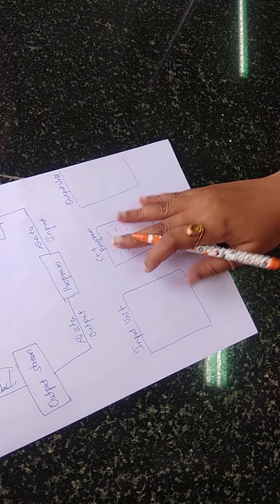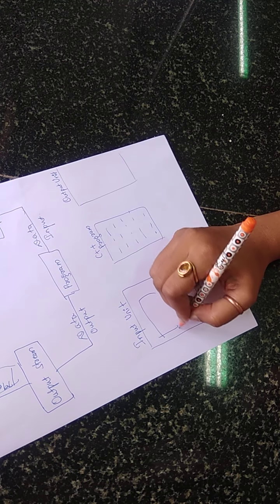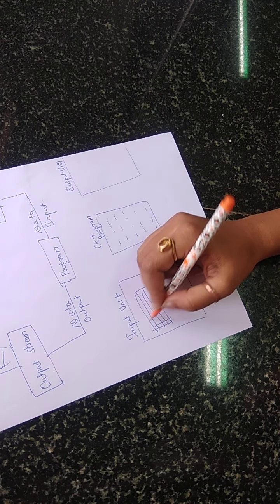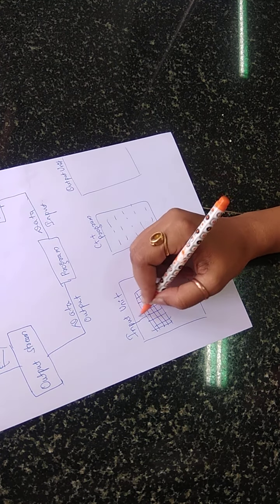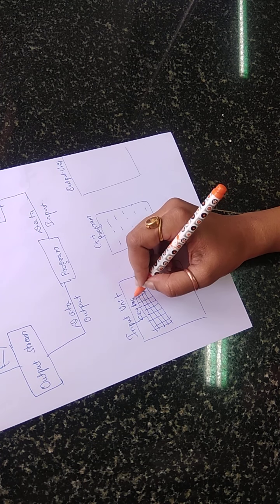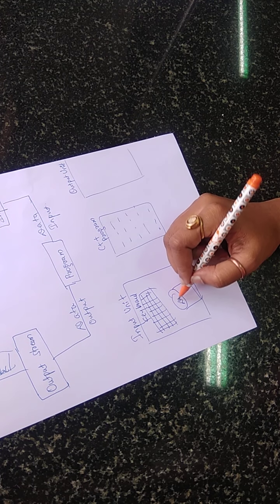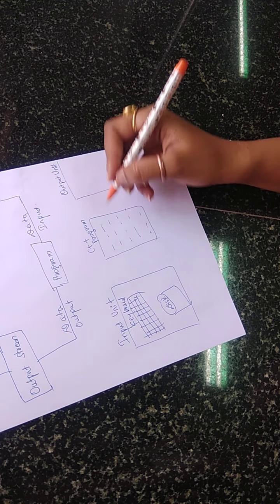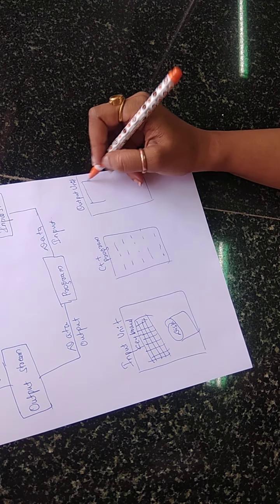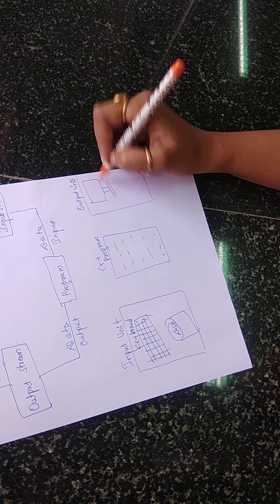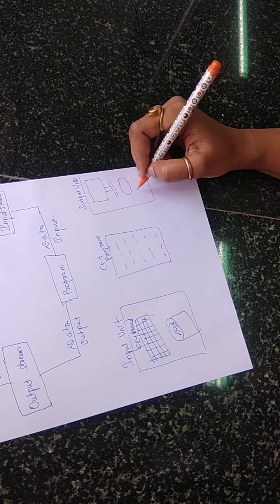Fine. So in your input unit you may be having a keyboard. Keyboard will be there to enter the data. Then you can also add the disk. Through your disk you can take the input. Next, the program is written. Here the monitor screen will be there, and also disk will be there.